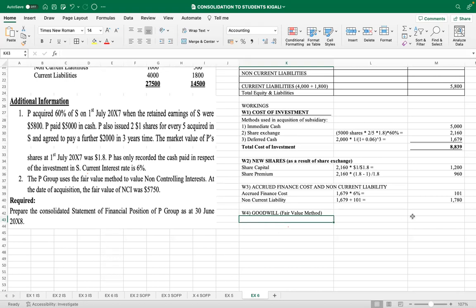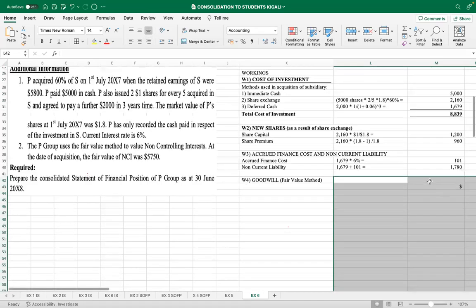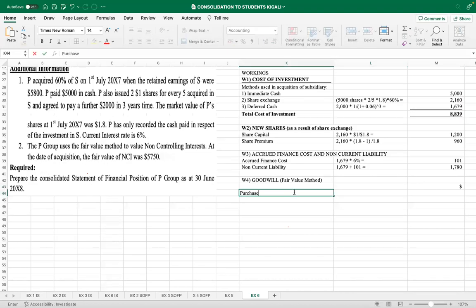So let's go to goodwill. So what is our goodwill? Again, we are working in dollars. So in order to get my goodwill, we said you take purchase consideration, which is the same as cost of investment.